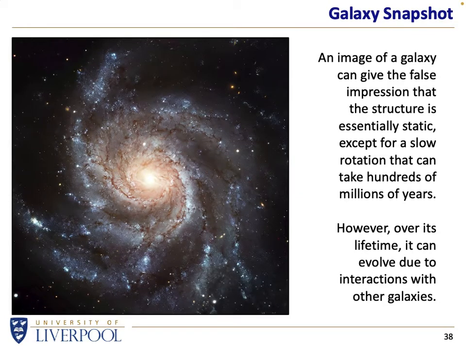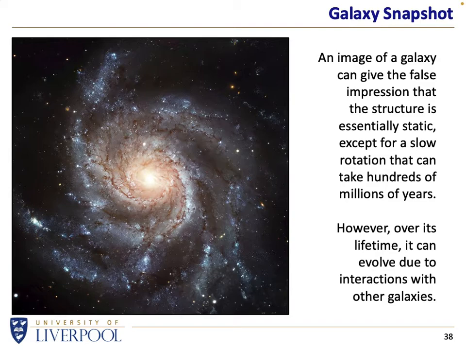So when we look at a picture of a galaxy, pretty though it is, we tend to get this sort of static picture. It's looking rather nice, but a static photograph of a galaxy makes us think, well, that's the way a galaxy is and that's the way it's always been. Yes, they rotate slowly, but apart from that, can we really understand what's going on? We can't sit and watch galaxies to see how they evolve.